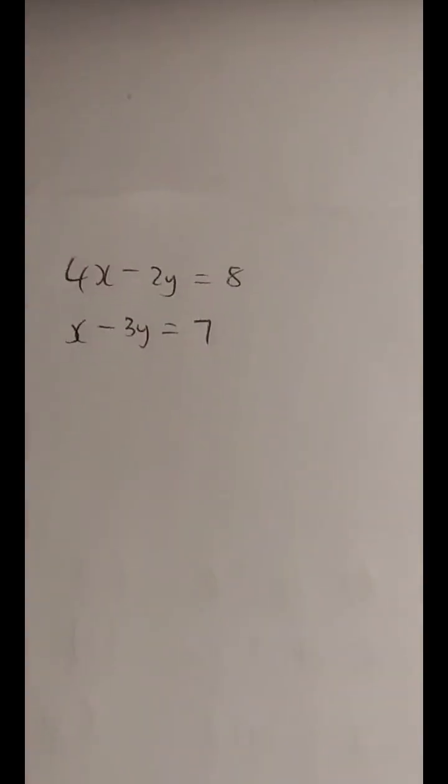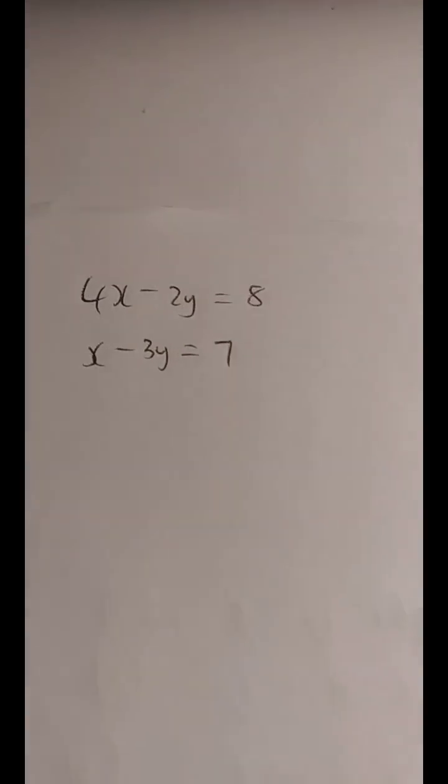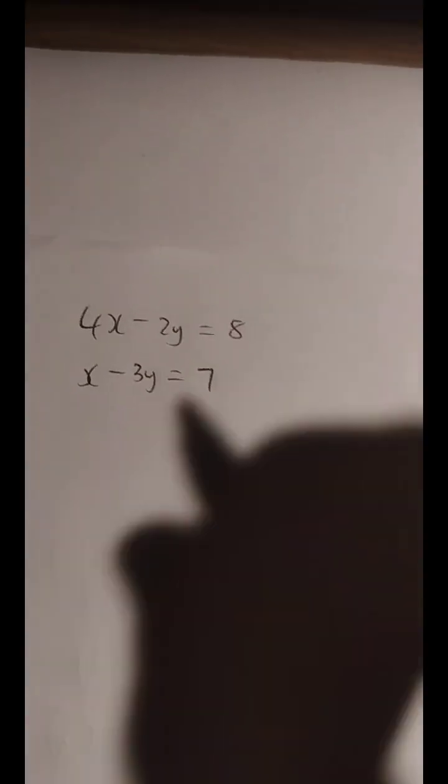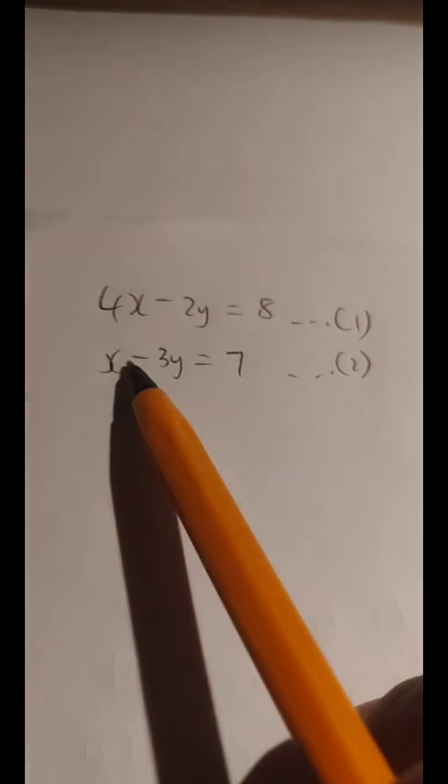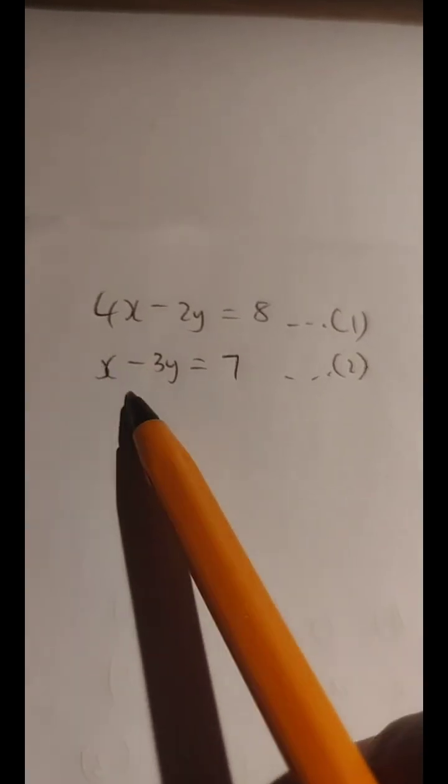Okay, so guys, I'm sorry about that. Let me just rewrite this equation again. So this is equation 1. This is equation 2. Since I can see that x has a coefficient of 1, I'm going to take that equation and make x the subject of the formula.